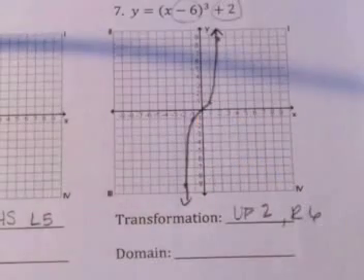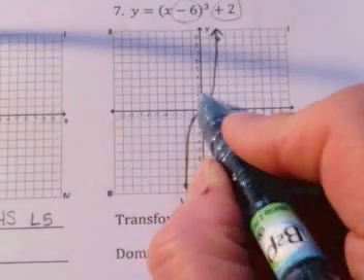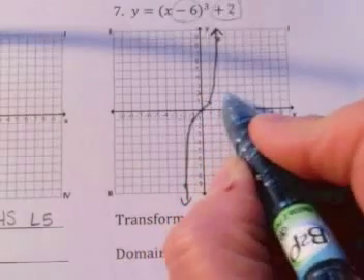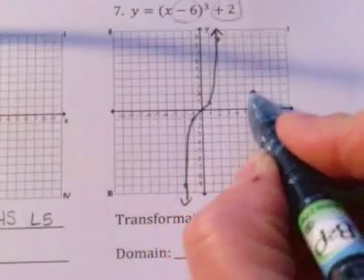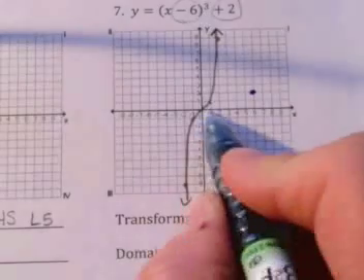So I'm going to go, let me get my pen, up 2 and right 1, 2, 3, 4, 5, 6. And that's where my origin went.